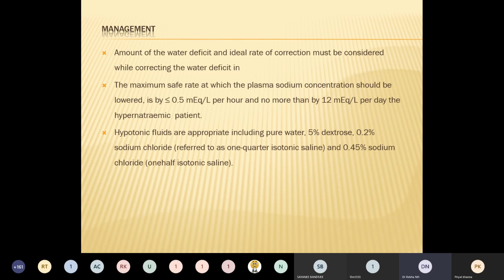The maximum rate of sodium correction should be 0.5 milliequivalents per hour and not more than 12 milliequivalents per liter per day. Hypotonic fluids are usually ideal, around 5% dextrose or low-strength sodium chloride, that is 0.45% sodium chloride, can be administered.